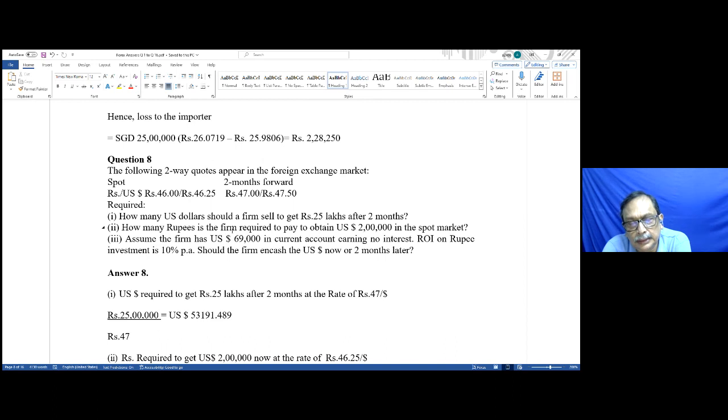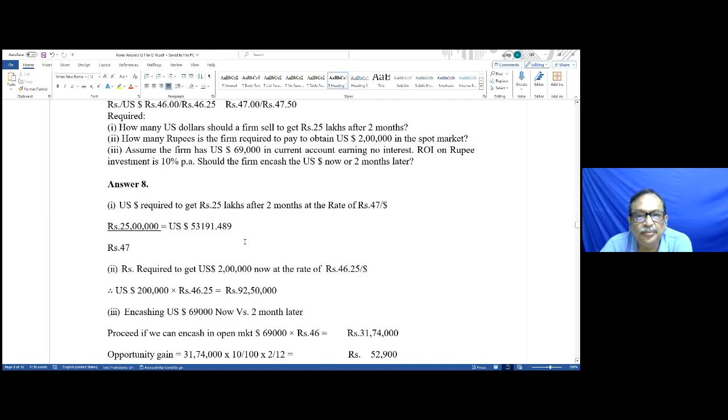Assume the firm has US dollar 69,000 in current account, earning no interest, because on current account no interest is allowed. Then the rate of interest on rupee investment is 10% per annum. Should the firm encash the US dollar now or 2 months later? So that is a decision-making situation. Let us proceed.